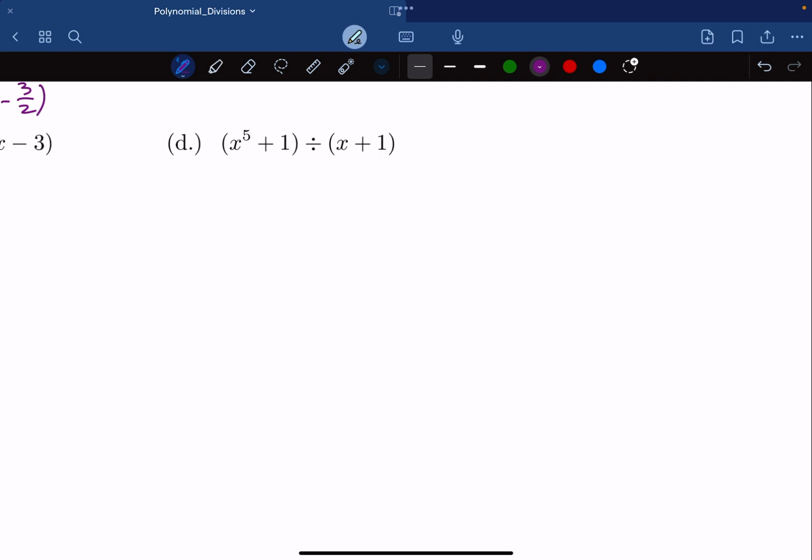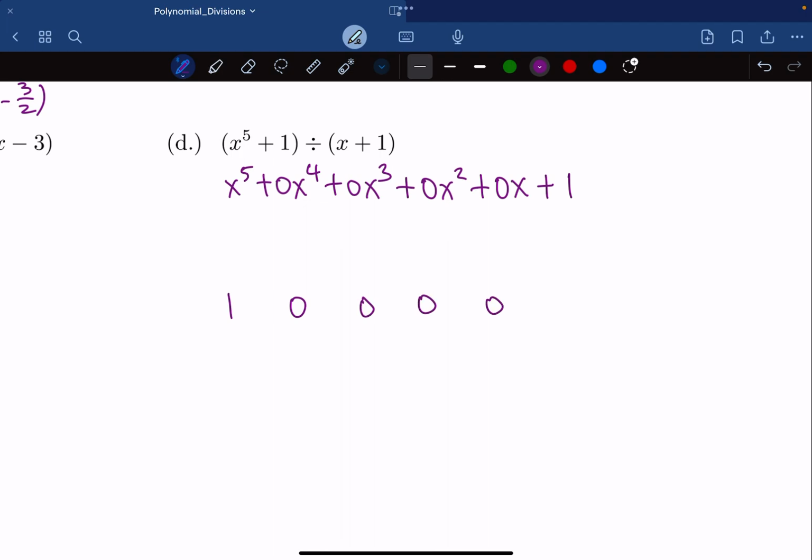So instead of x to the 5th plus 1, I'm going to see that as x to the 5th plus 0x to the 4th plus 0x to the 3rd plus 0x squared plus 0x plus 1. So then the setup becomes 1, 0, 0, 0, 0, 1.